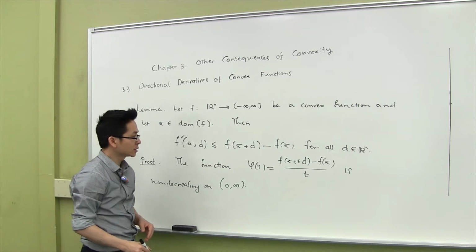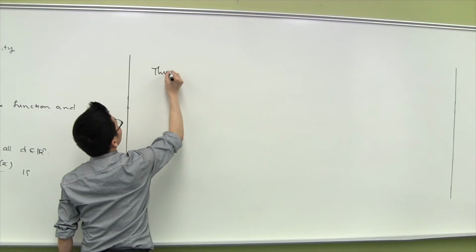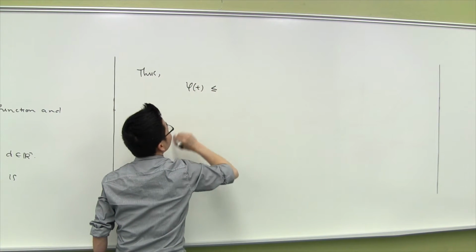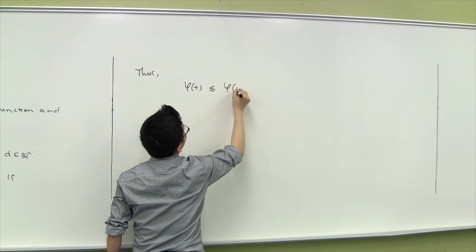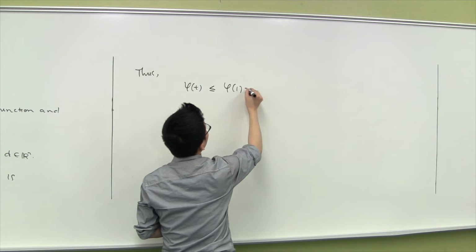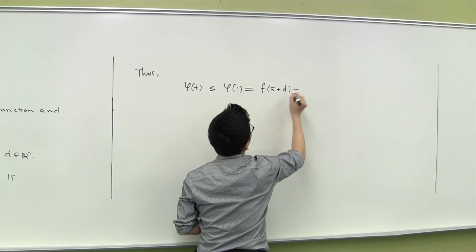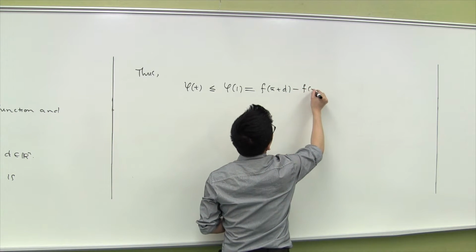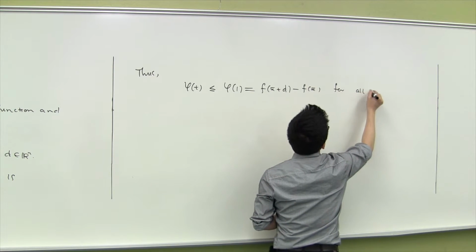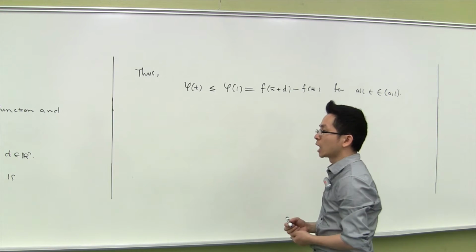Thus phi(t) is always less than or equal to phi(1), and phi(1) is equal to f(x bar) + d - f(x bar), and this is true for all t in the interval (0, 1]. Okay, how come this is true?